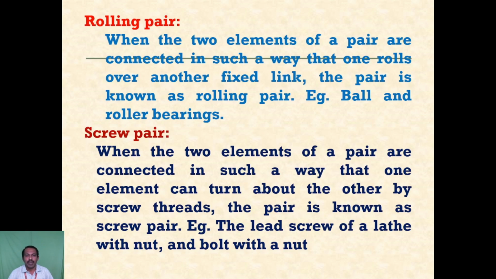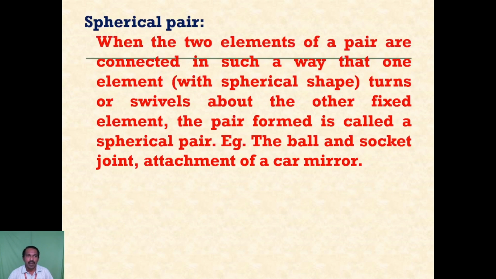Next, the screw pair. When two elements of a pair are connected in such a way that one element can turn about the other by screw threads, this is known as a screw pair. For example, a bolt and nut, or the lead screw of a lathe with its nut. The last one is the spherical pair.